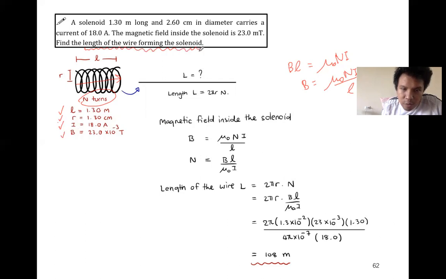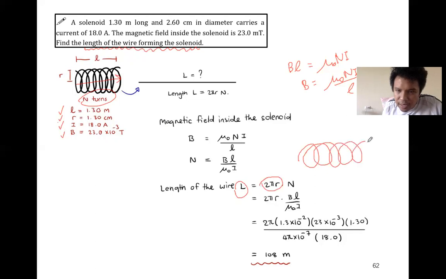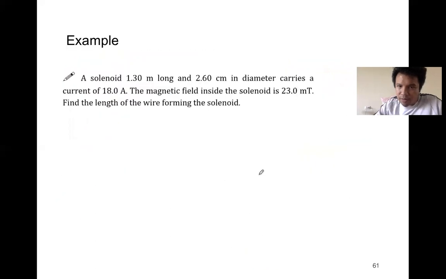We calculate the length of the wire from the circumference of one turn of the solenoid, and if it has N turns, it will give us the total length.